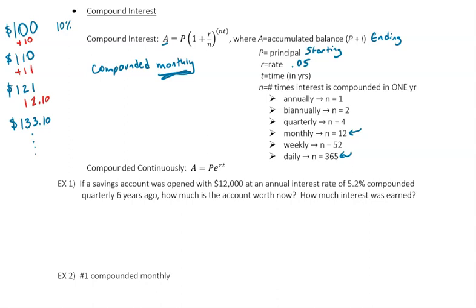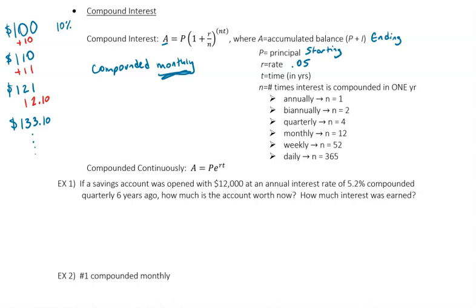And so on. N is just the number of times that interest is compounded in 1 year, so it's based off of that word. Here's the most common ones, but technically you could also have other ones, like you could have compounded every 4 months, which would mean N is 3, because 4 months can fit inside of a year 3 times. Or you could have hourly, or you could have compounded every minute or every second.